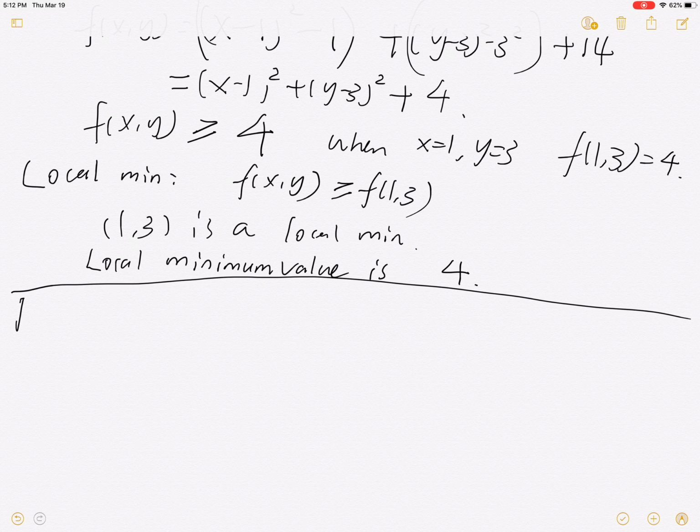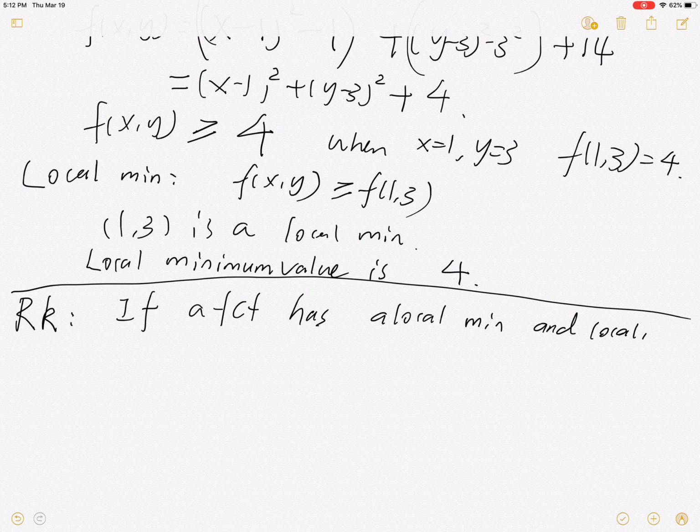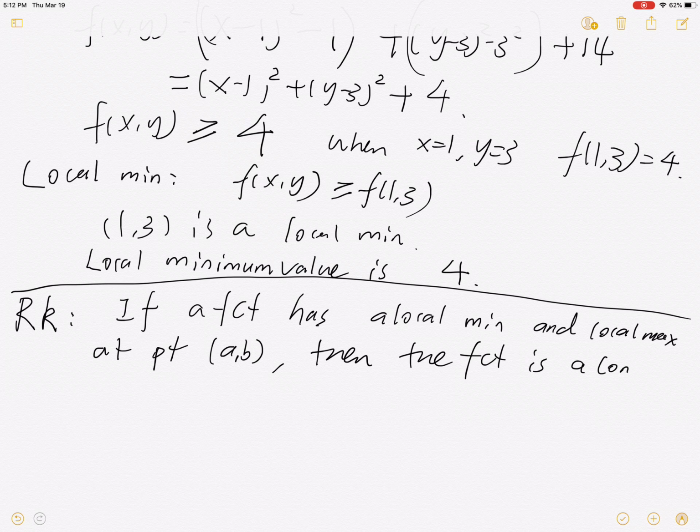Okay, actually I should make a remark here. If a function has both a local minimum and a local maximum at point (a, b), then the function is a constant function locally.